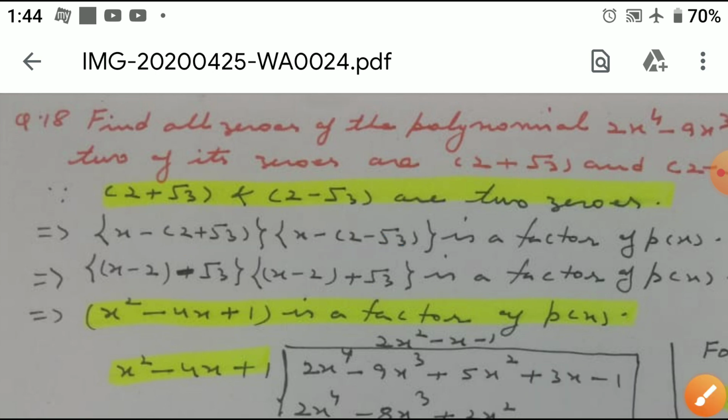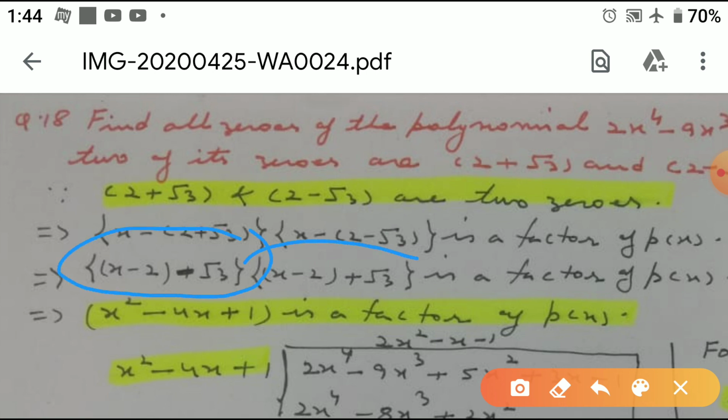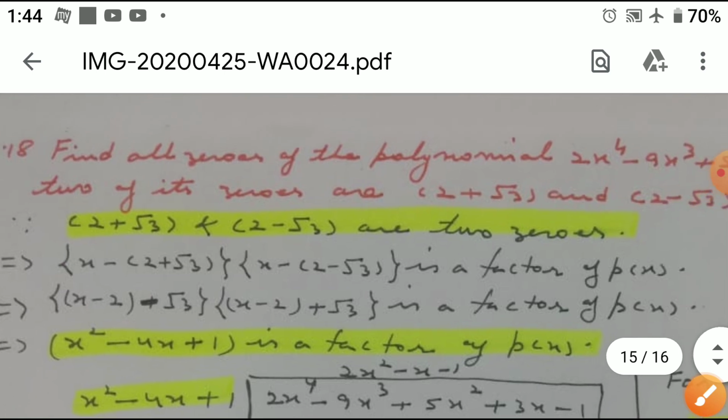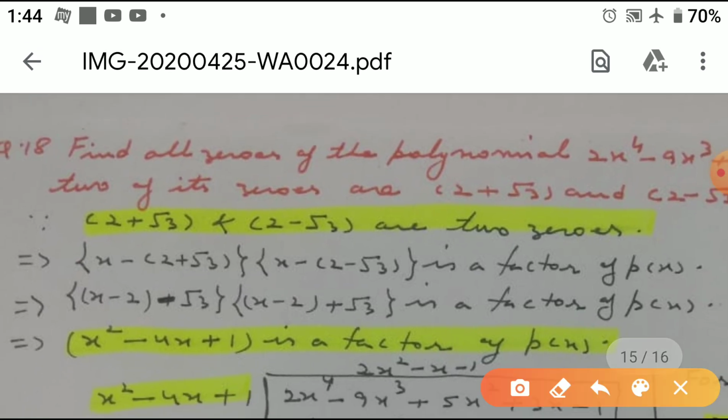Now look at this, this is in the form of a minus b and this is a plus b. How? X minus 2 here, x minus 2 here, and minus under root 3 here, plus under root 3 here. So ultimately this is a minus b into a plus b, which is a square minus b square.